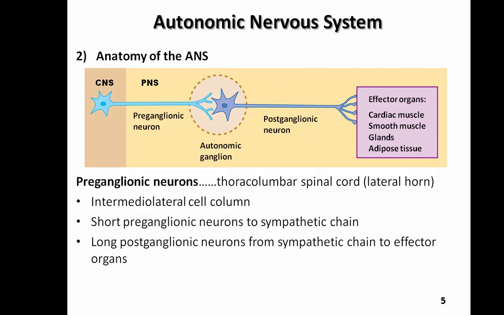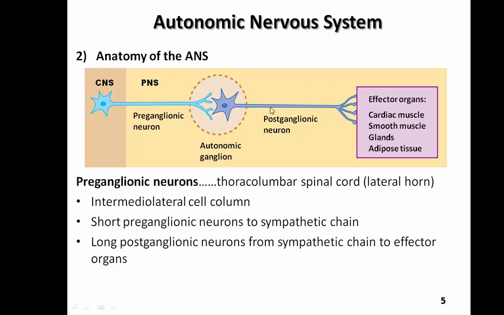The other types of neurons are the long postganglionic neurons from the sympathetic chain to the effector organs. Here we see typically short preganglionic neurons, and these terminate and connect to cell bodies of the postganglionic neurons just outside the spinal cord, but then the postganglionic neuron will connect to other organs that are regulated by these autonomic functions.